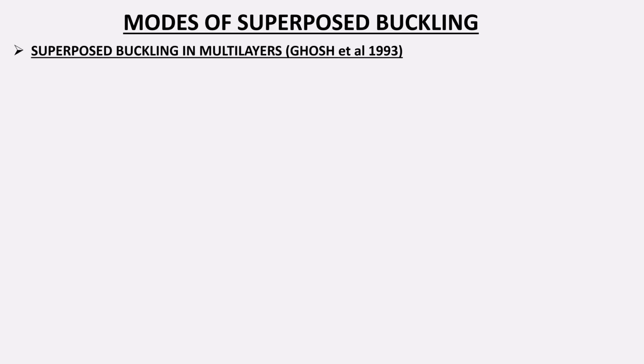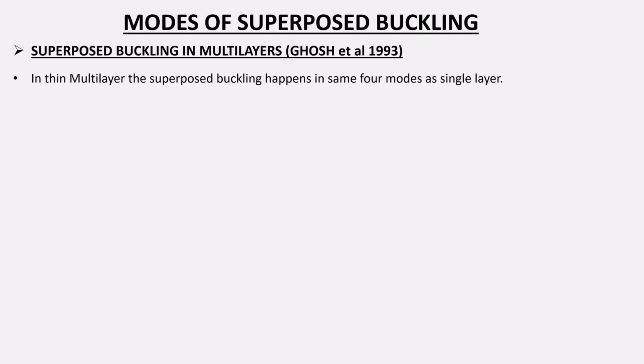Let's discuss superimposed buckling in multi-layers. It is also given by Ghosh and others. In the case of thin multi-layers, the superimposed buckling happens in the four modes as in the single layer.